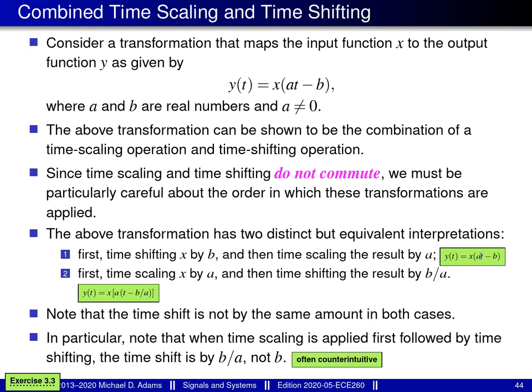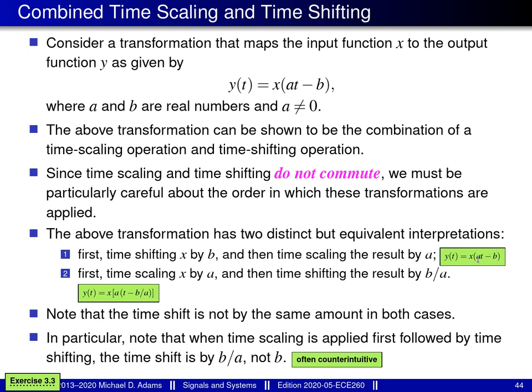And where the intuition often leads you astray is that a lot of people have the following intuition, which is incorrect, or at least what the intuition leads you to in terms of a conclusion is incorrect. Someone will look at this expression at minus b and say, well, order of operations says that I have to multiply t by a first and then subtract b, because order of operations says you multiply before you add or subtract.